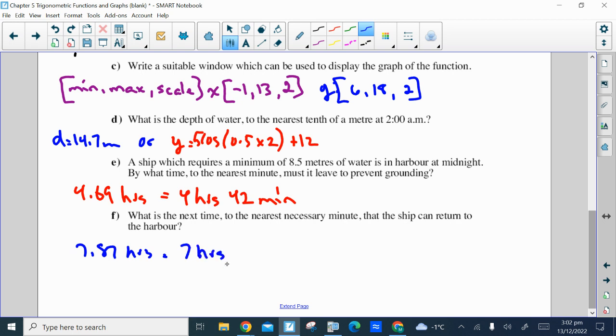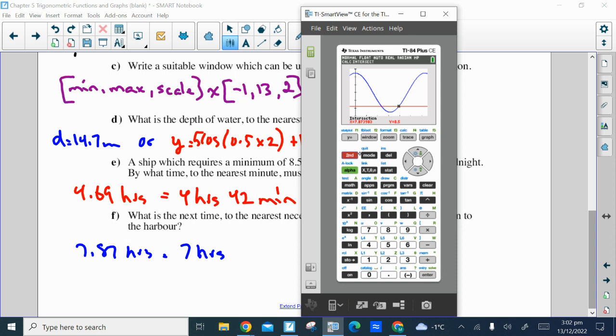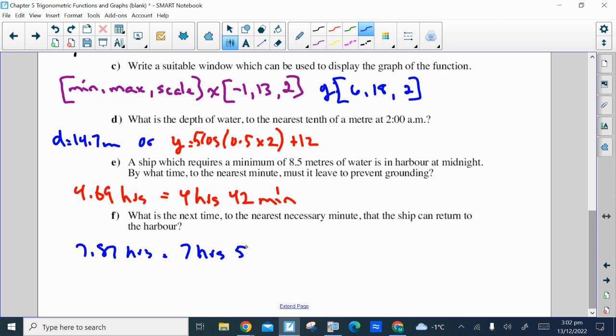Or 7 hours and 0.87 of an hour. So again, if I take my x value and I subtract the 7 hours, that'll just leave me with the 0.87 that I multiply by 60. So 7 hours, 52 minutes is when it can safely return to the harbor.